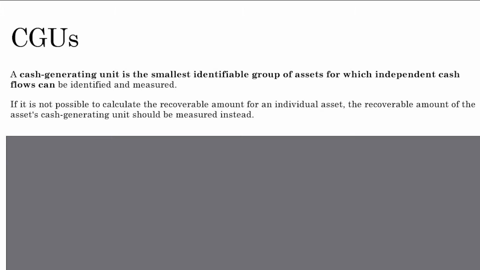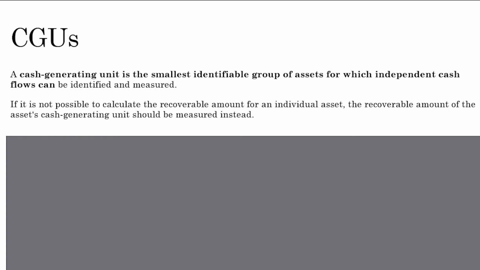So what we do is we find out the recoverable amount for the whole of the CGU, that is, a lot of assets inside it, the whole of it, we will find out the recoverable amount, compare it with the carrying amount, and if there has been any impairment, we will allocate it proportionately between the assets inside that CGU.